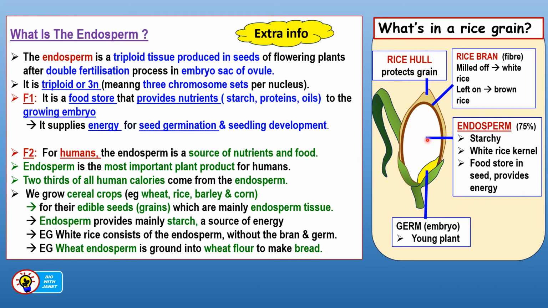It helps provide energy to the seed or to the seedling when it's developing, and also provides energy to us, right? When we cook the white rice and eat it. So the germ is the embryo that will form the young plant. Okay. So in the white rice, the germ may be polished off or milled off.